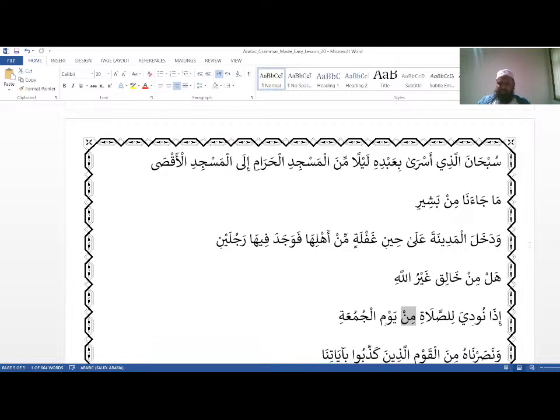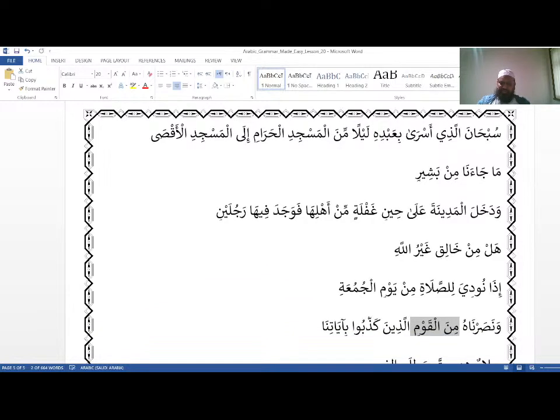Next, وَنَصَرْنَاهُ, the mutakallim jama mutakallim siga, and the na is the fa'il and the hu is the maf'ul. وَنَصَرْنَاهُ, and we helped him. Again, min al-qawmi, we helped him from people. Does that make sense? So over here this will be in the meaning of ala, against his people.